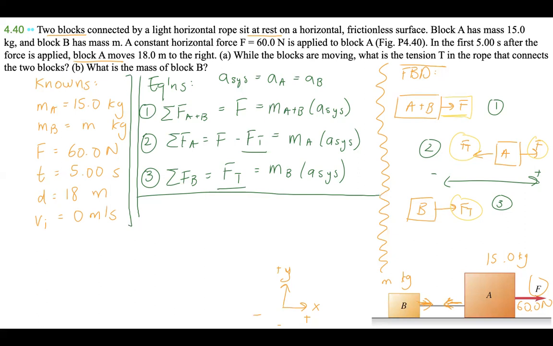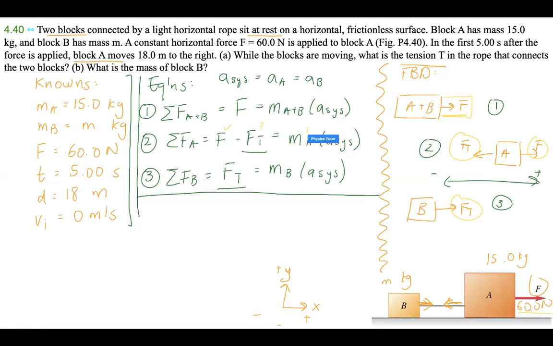Let's look at 2. We can't use 1, because 1 doesn't have Ft, so that's not going to give us the information we want. In 2, we have F, which we said is 60, and Ft, which we're trying to figure out. For mass, we have that right over here.